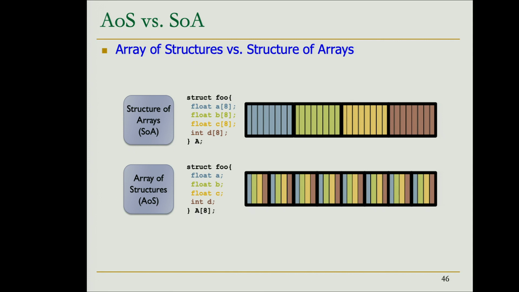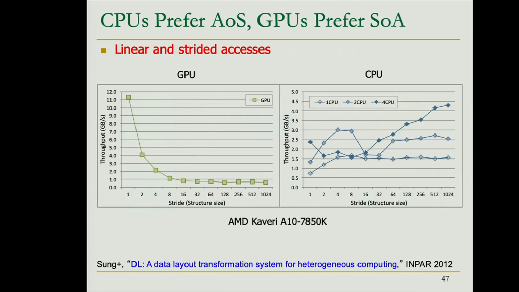They are accessing consecutive memory locations belonging to the same cache line. While here, there is already a stride between these accesses, so more likely I will need more memory transactions, right? And you can see in the next slide a comparison of accessing these kinds of organizations.